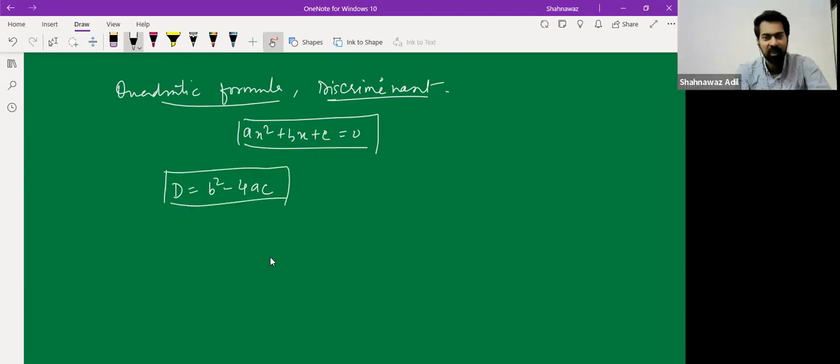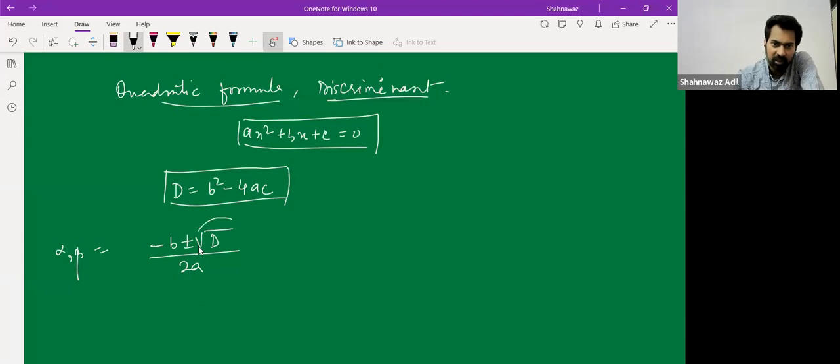And the solutions alpha and beta are minus b plus minus root D. So the nature of these roots can be found by this quantity. It is determined by this number. This number is very important. Understood, guys?